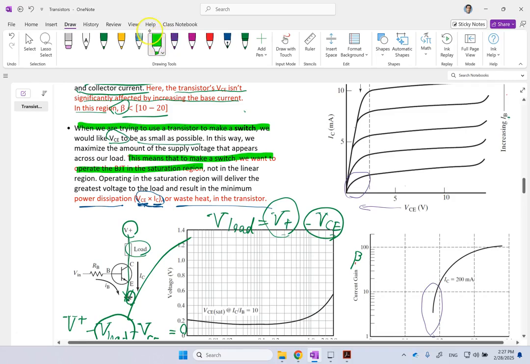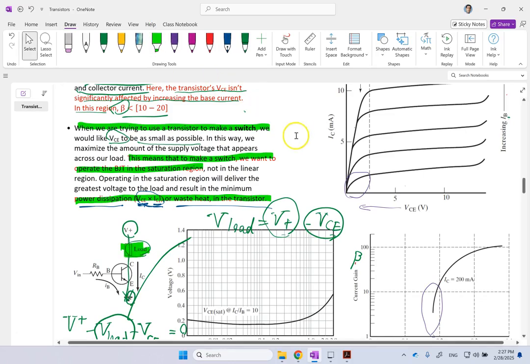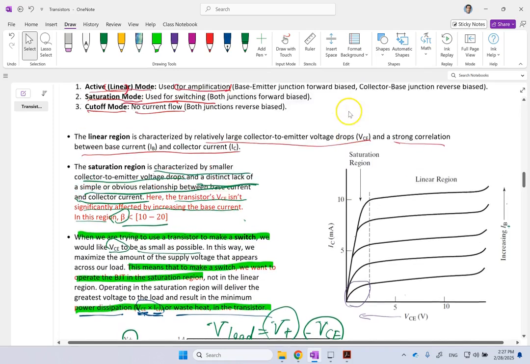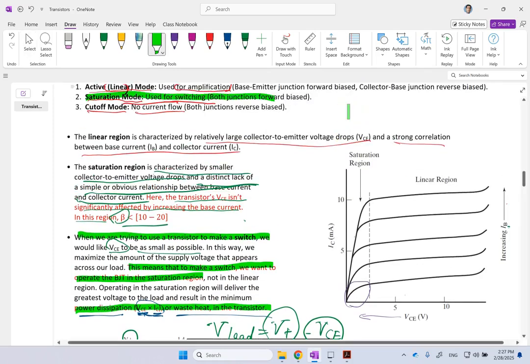Because you're bringing down the voltage across it. So the heat that is wasted in the transistor is minimized, and most of that power and voltage is sent to your load. Okay, so to minimize the loss, you want minimum VCE. To get minimum VCE, you have to operate in saturation mode. That's why in switching, we operate in saturation mode.